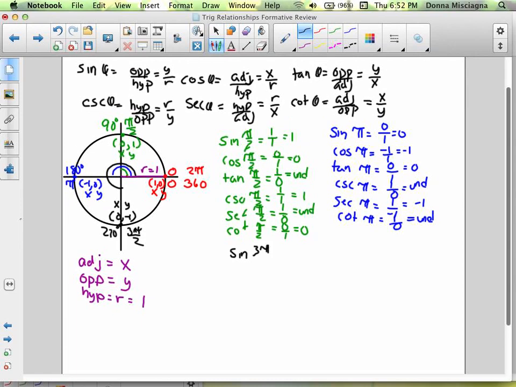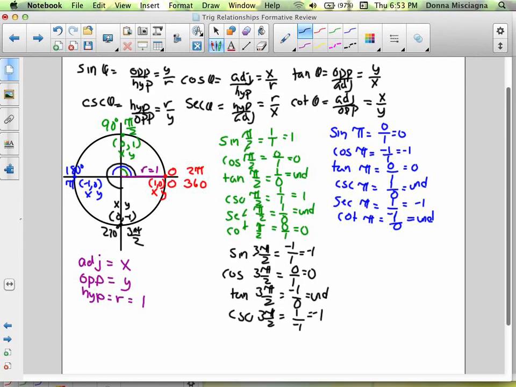Sine 3 pi halves, that's going to be y over r, so that's negative 1 over 1, that's negative 1. Cosine 3 pi halves is x over r, that's 0 over 1, that's a 0. Tangent 3 pi halves is y over x, that's negative 1 over 0, that's undefined. Cosecant 3 pi halves is r over y, that's negative 1 half.